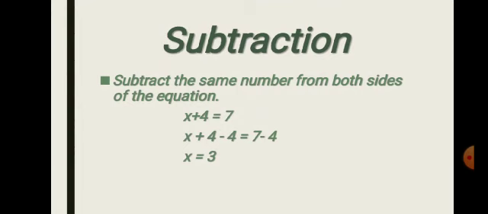Plus 4 minus 4 cancels. So what is the value of x? 7 minus 4 is 3. So we write x is equal to 3.